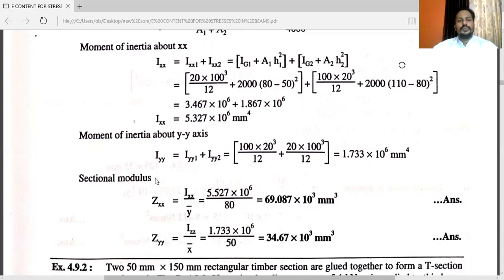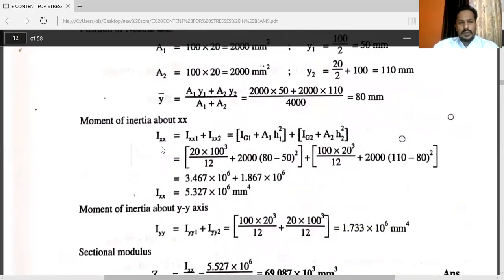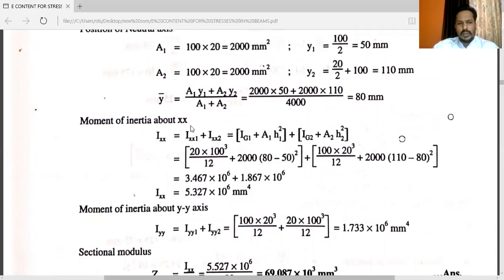First of all, we have to calculate Ixx, the moment of inertia about xx. Moment of inertia Ixx is equal to Ixx1 plus Ixx2. Already we know how to use the parallel axis theorem. By using the parallel axis theorem, we can calculate Ixx. The formula is Ig1 plus A1 h1 square plus Ig2 plus A2 h2 square.